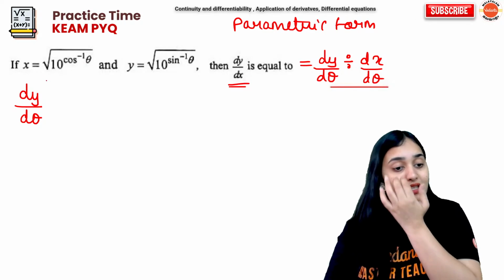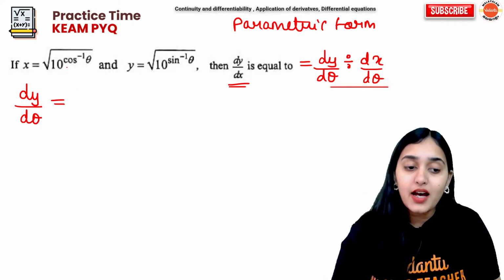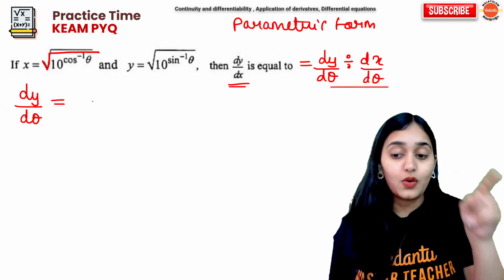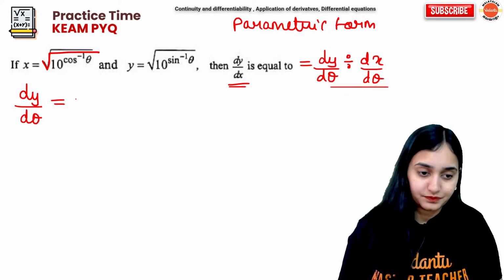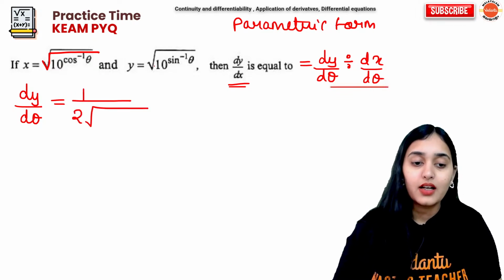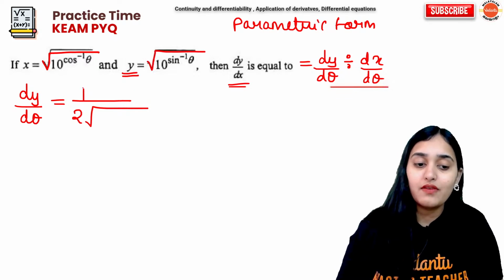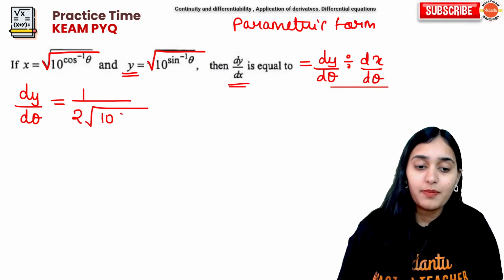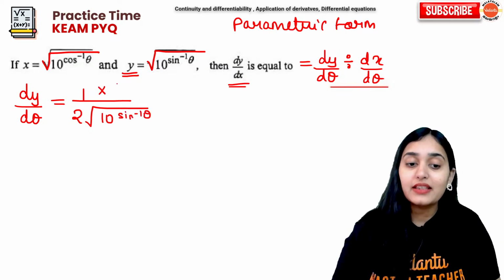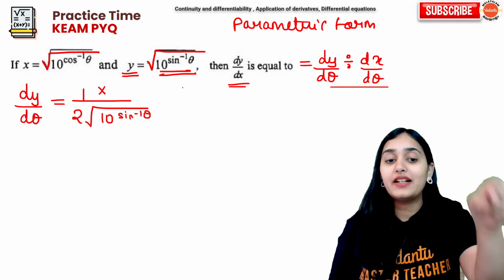So differentiate this with respect to theta. First, square root differentiation is 1 by 2 square root. So y differentiation will be 1 by 2 root 10 to the power sine inverse theta multiplied with differentiation of 10 to the power sine inverse theta.